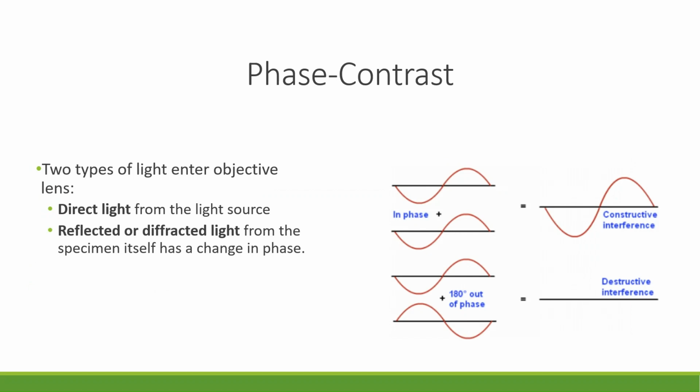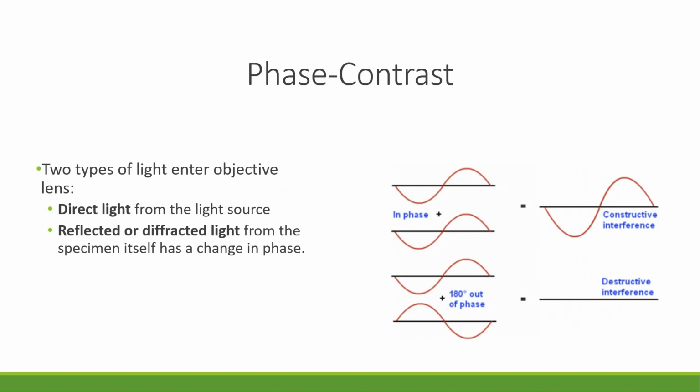And what happens is the height of the crest or the trough get amplified. If one wave, however, is going up and the other wave is going down and they are combined together, they cancel each other out. And this is called destructive interference.